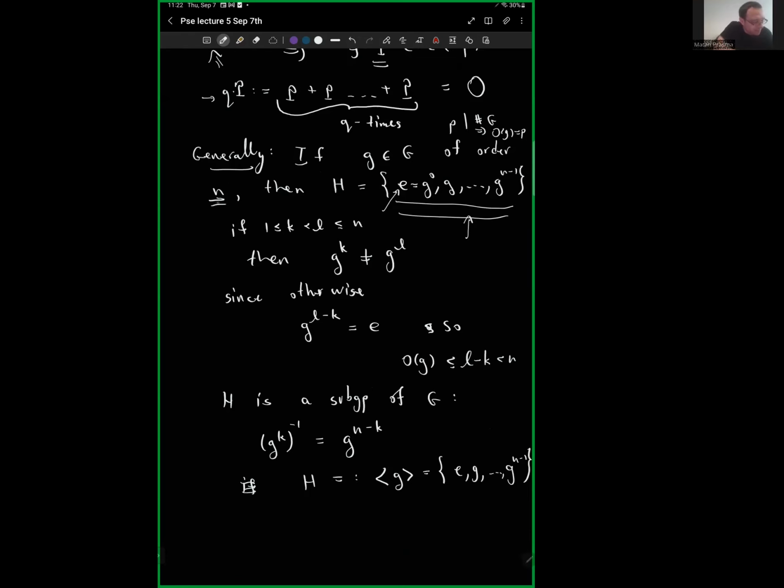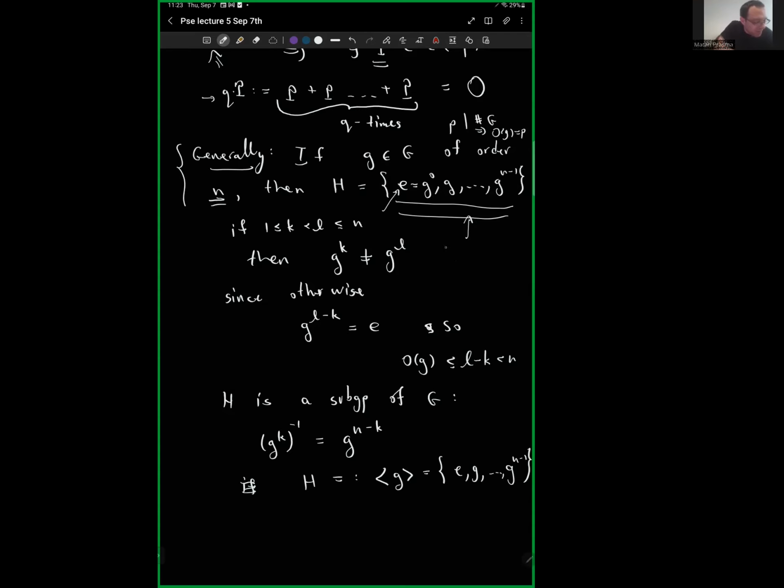But here I'm saying generally, for any integer n, if you have an element of order n, then you get a subgroup by taking all the positive powers of this element. Why is it a subgroup? It contains the neutral element, of course.